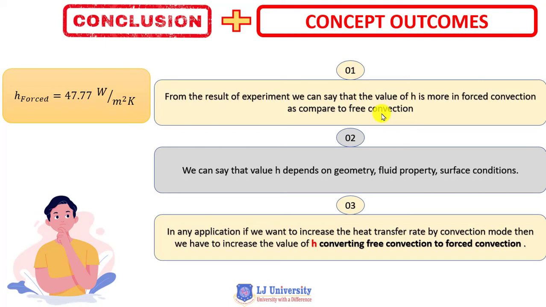We have seen that in free convection the value of H is around 15 to 20. Here it is 47.77. So it shows that by forced convection you get a higher heat transfer rate as compared to free convection. We can say that the value of H depends on geometry, fluid property as well as surface condition.